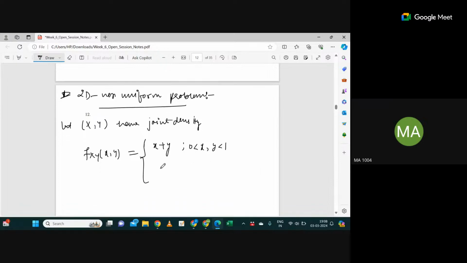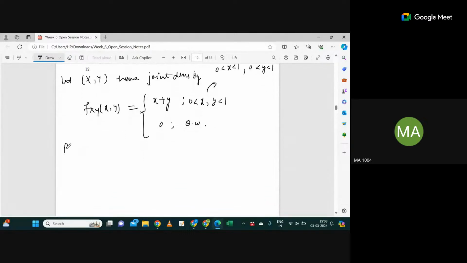What do you mean by this? This means x is 0 to 1, and y is also 0 to 1. This is the meaning of this limit. Suppose I'm asking: find the probability that x is less than half and y is less than half, and another probability, let's say probability x plus y less than 1.